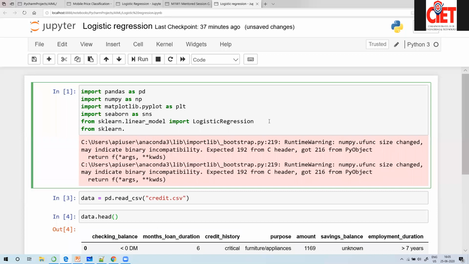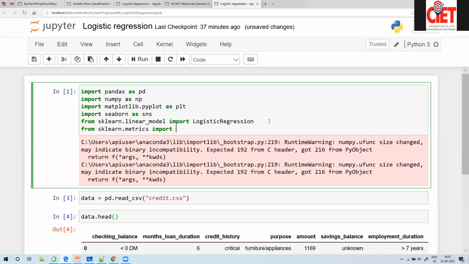We need to assess, we need to test how good the logistic regression model is. So we need some performance metrics for that. Yesterday for linear regression, we used the performance metrics like mean absolute error, mean squared error.